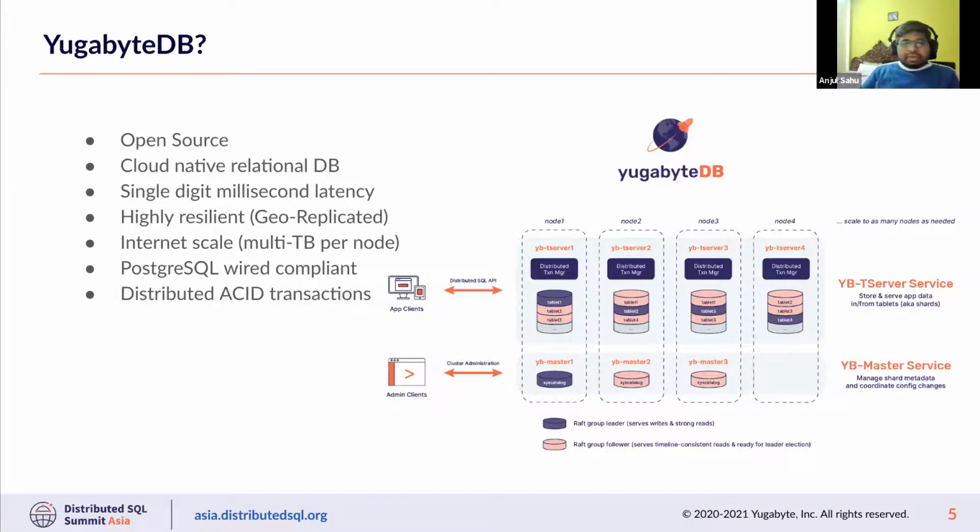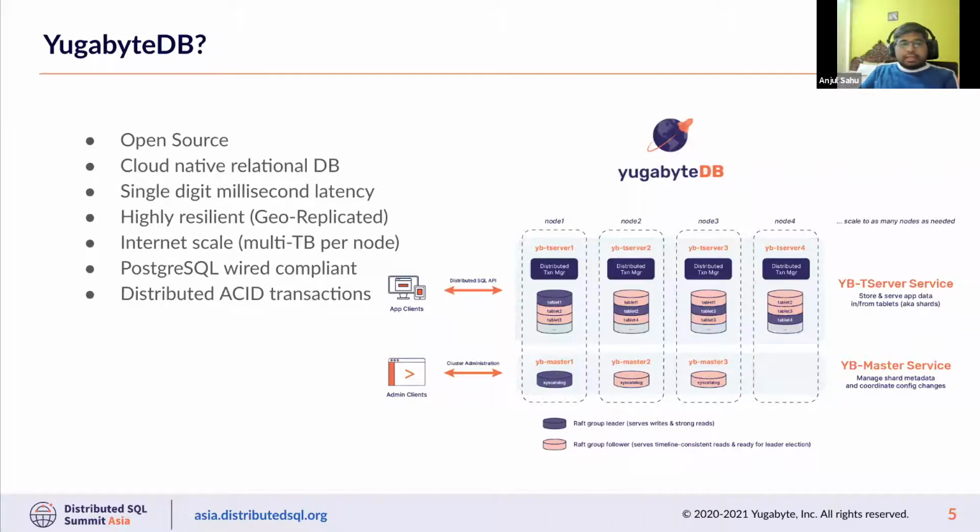If you look into the architecture, it consists of two main components. One is called tablet servers, and another one is called master servers. The tablet servers are responsible for storing all the data, where data is stored in shards, and each shard is replicated across nodes to provide resiliency and high availability.